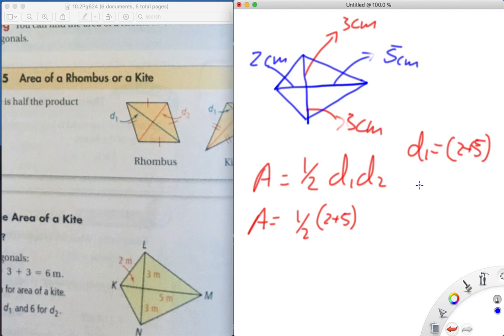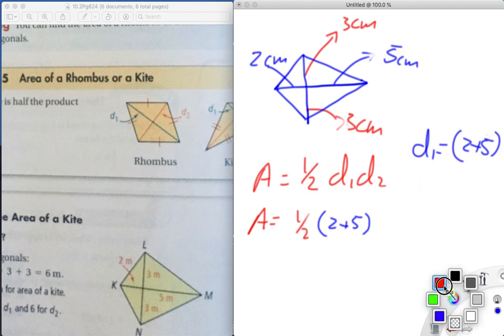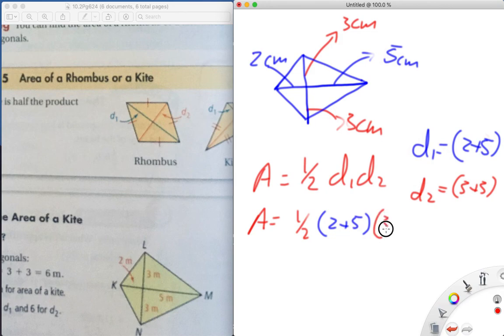Let's be consistent with color coding. Diagonal 1 is 2 plus 5. And diagonal 2 is 3 plus 3. So this would be 1/2 times 7 times 6.